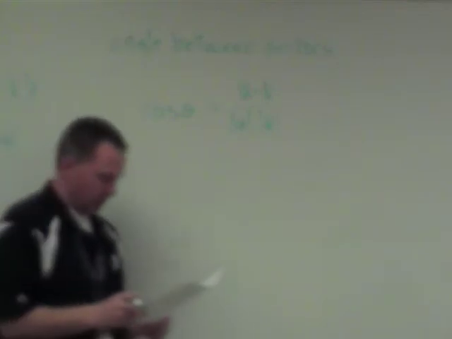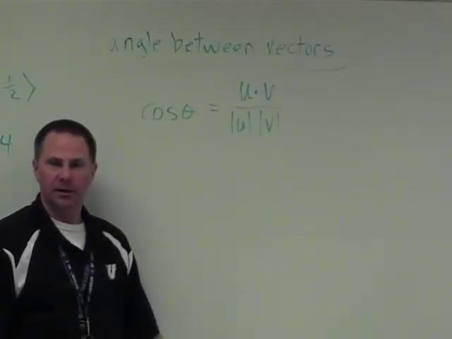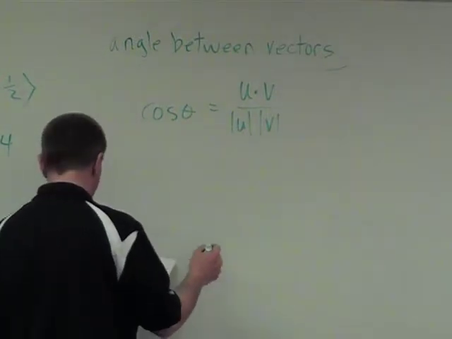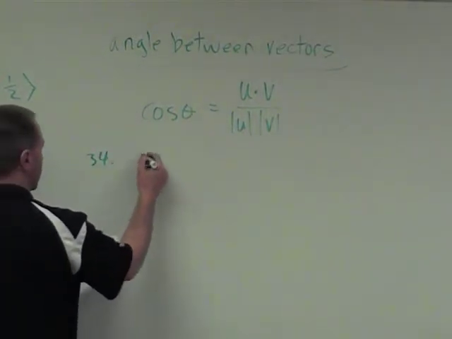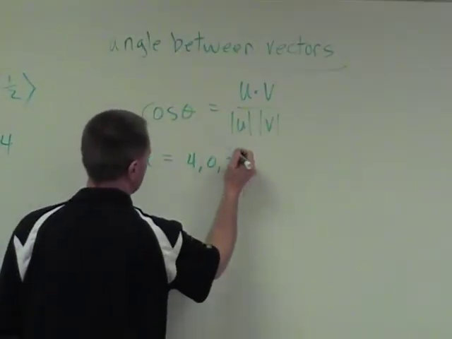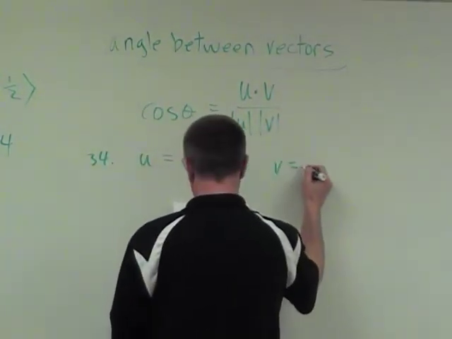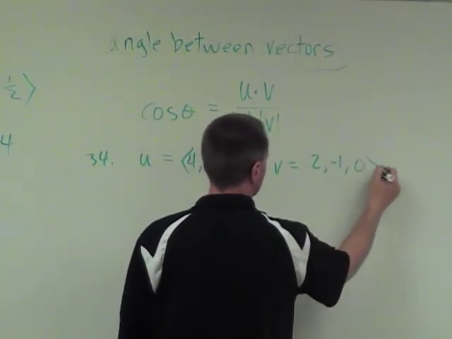That was the formula, and it's the same formula here, you just have 3 numbers to deal with. So we'll do number 34. Here's your vector u, 4, 0, 2. Vector v is 2, negative 1, 0.